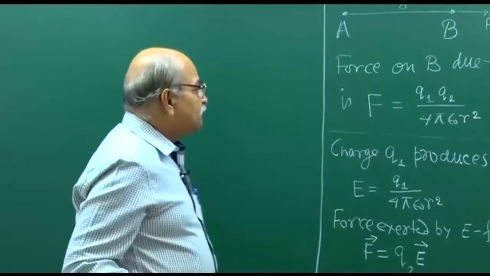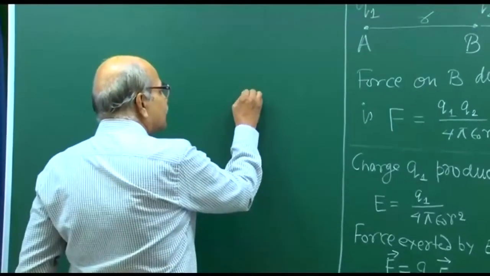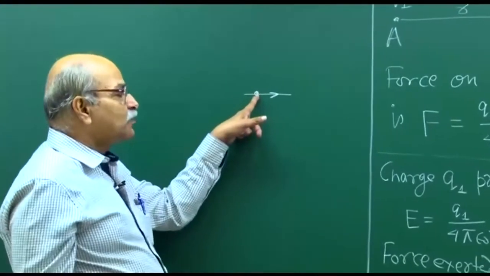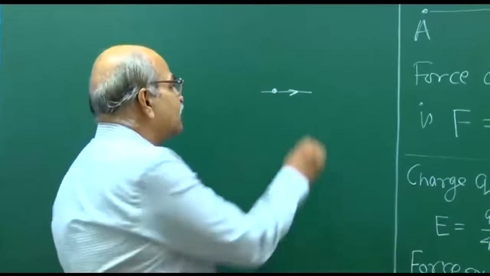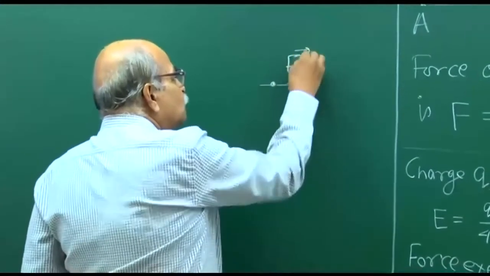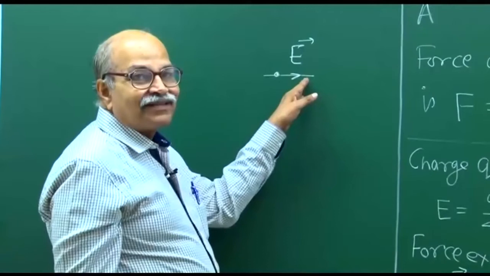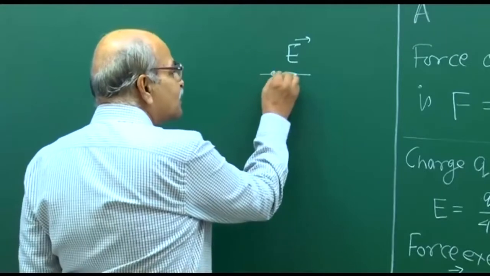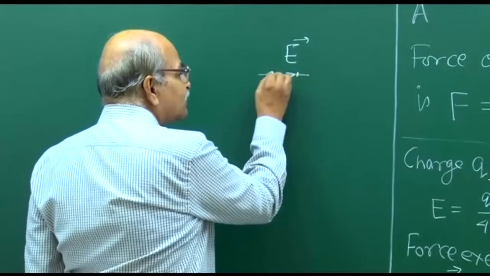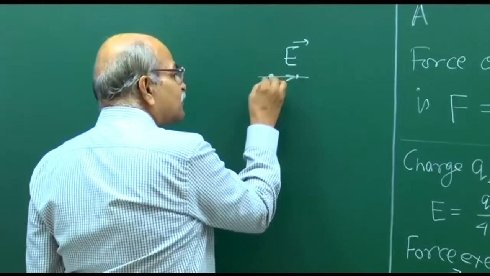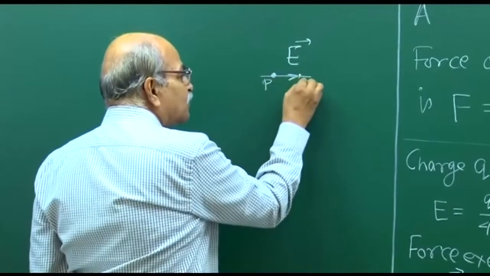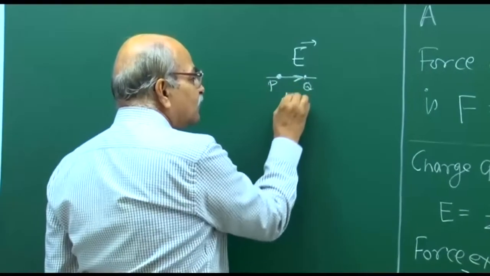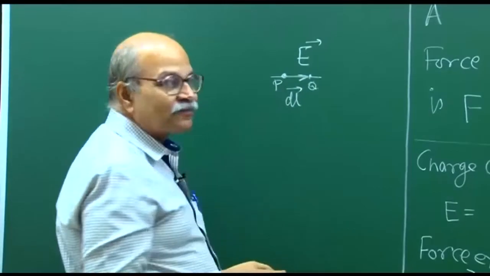Suppose you have an electric field in this direction, there is a point, this is some point, and at this point you have some electric field, and you go a small distance along that direction of electric field. So, if you go a small distance here and you reach here, suppose this point is some point P and this is some point Q, and the separation is small, say dl, and you can put this vector also.